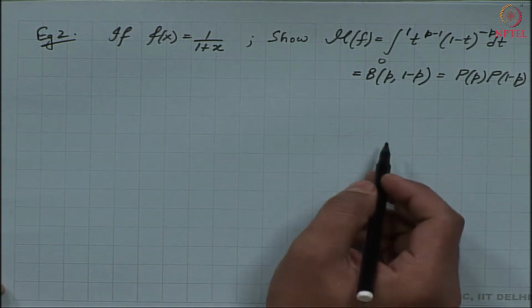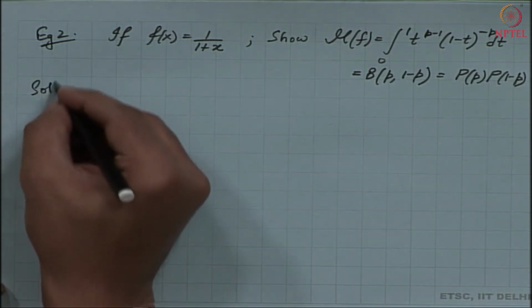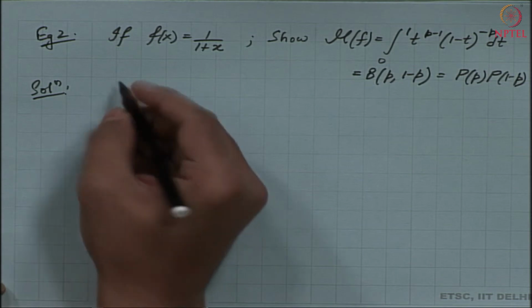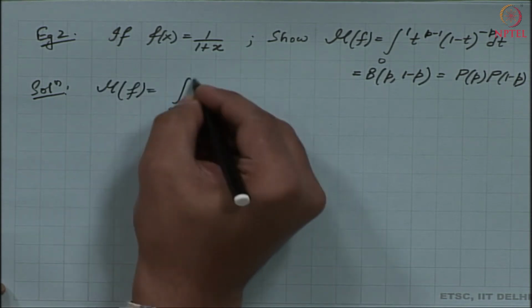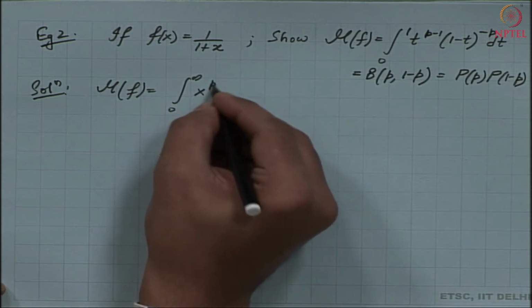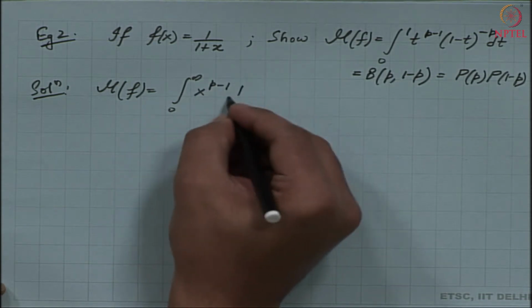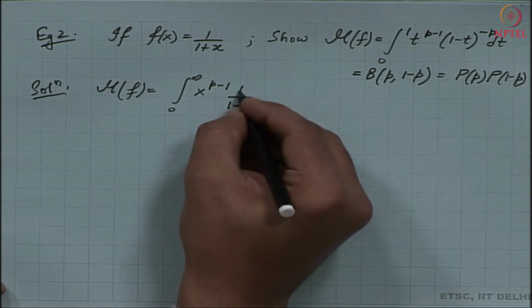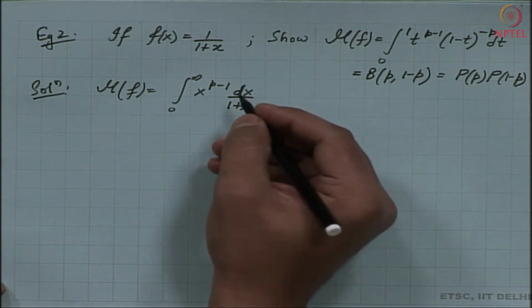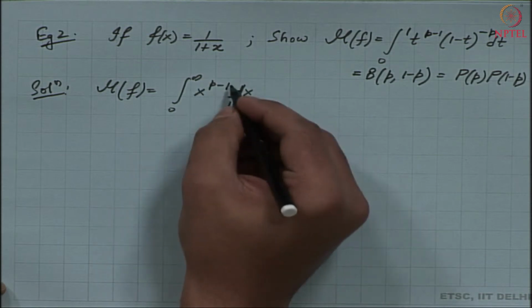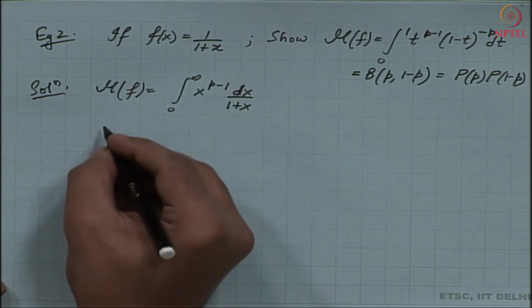To find the Mellin transform, the Mellin transform of f is the integral from 0 to infinity of x to the power p minus 1 divided by 1 plus x dx. Now I have to evaluate this integral, so let me make a suitable substitution.